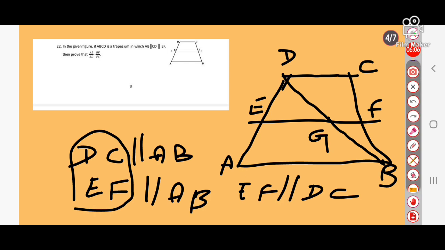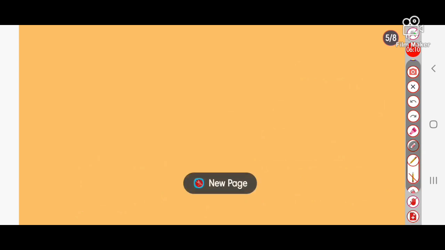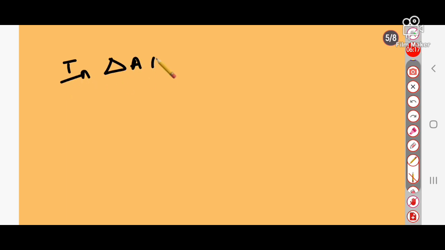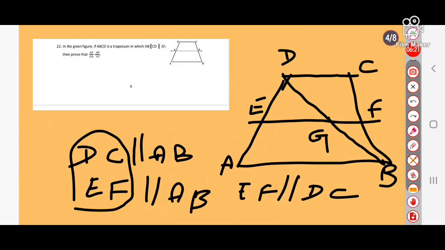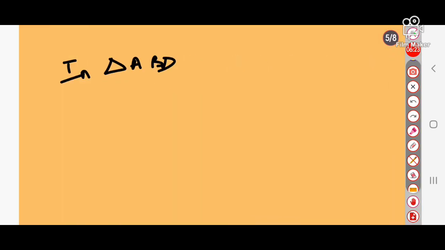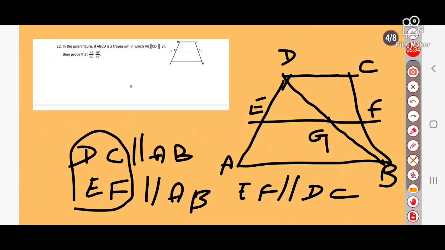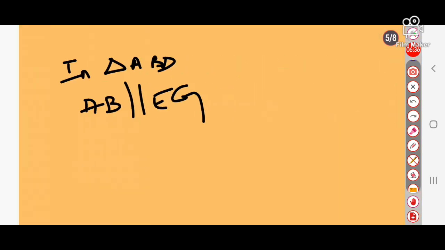Then have that diagram in your note. In triangle ABD, I'll just show that AB is parallel to EG.